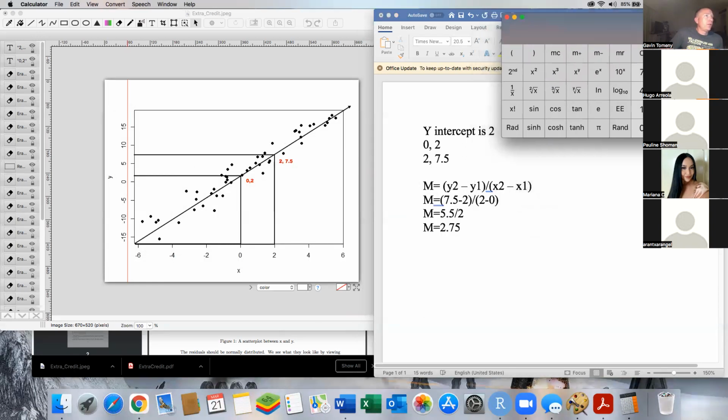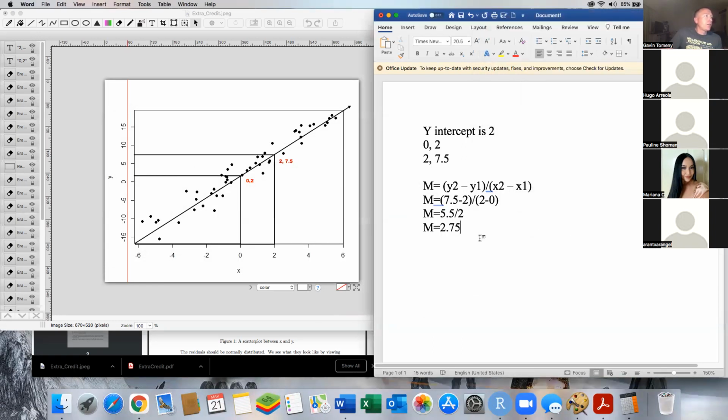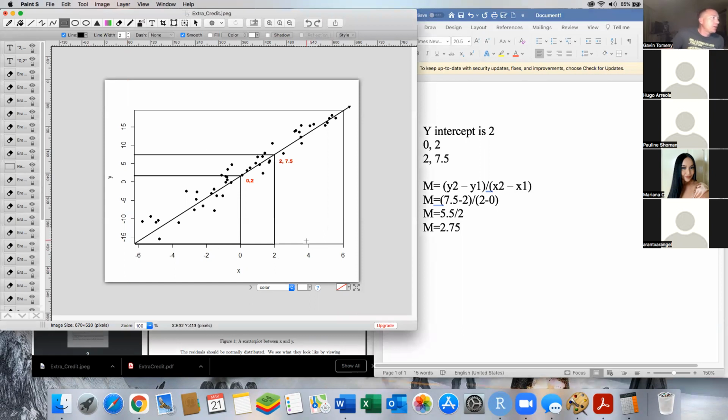And if we wanted to verify that this is correct, we could just double check even more. So we can go here at the 4.